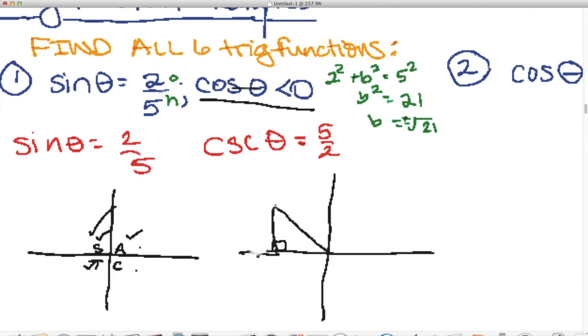All right, so here's your theta. And we know that sine is opposite over hypotenuse. We just figured out the missing leg was this, and it's in the negative x direction, right? X goes positive that way and negative that way. So it would be the negative of root 21, okay?